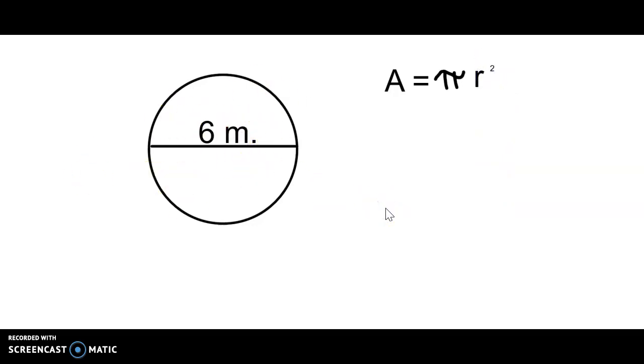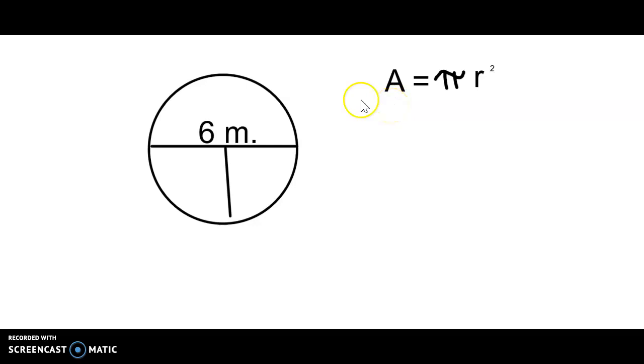So what am I going to need to do to be able to find the area of this circle? Well, I know that the diameter is 6 meters, and I know that the radius is half the diameter, right? So my radius from here to here would be half of that, so my radius would be 3.